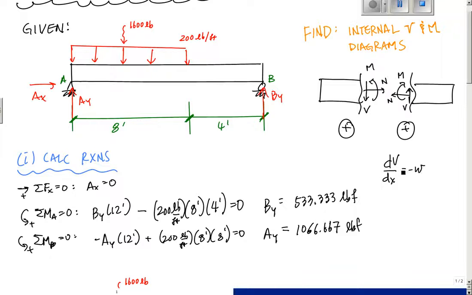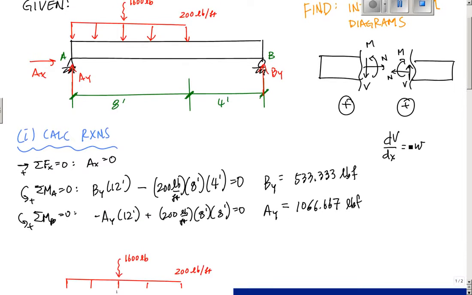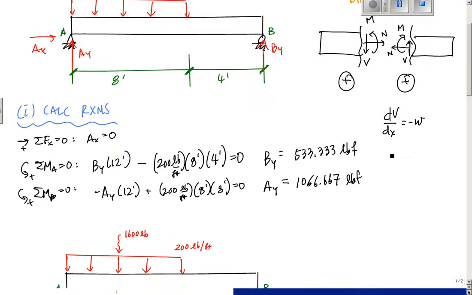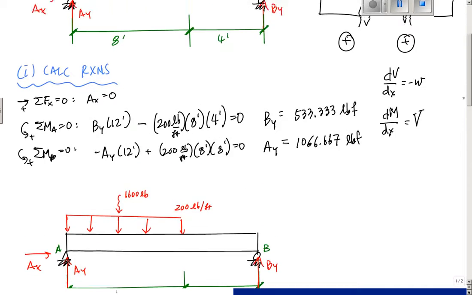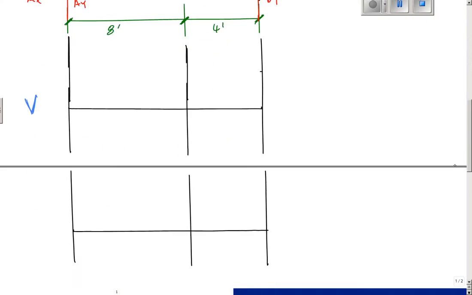Depending on how you derived it, you have a negative sign or a positive sign there. A lot of textbooks have this negative sign. And then the derivative of the moment, or the slope of the moment diagram, is equal to the value of the shear. This works going left to right, and that's important, so you want to follow that.